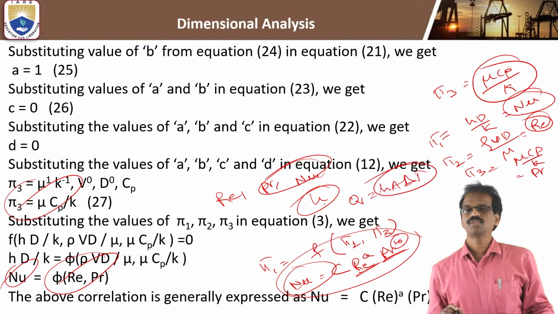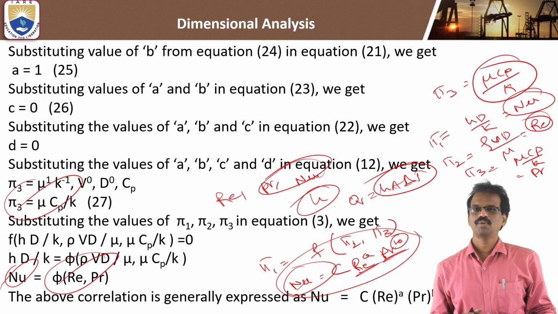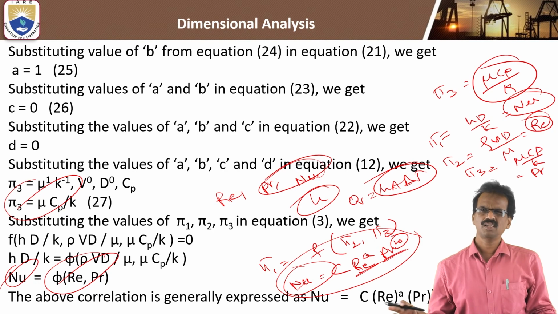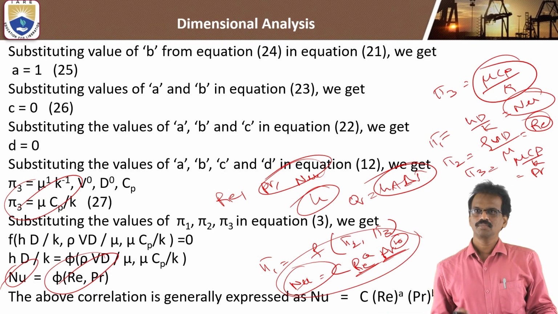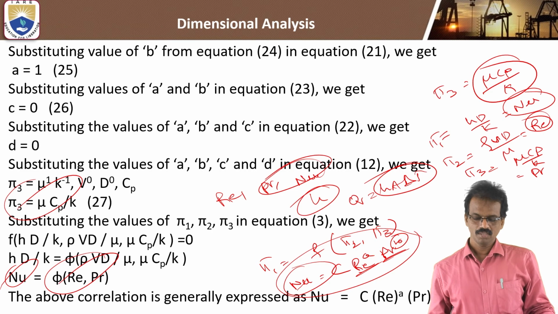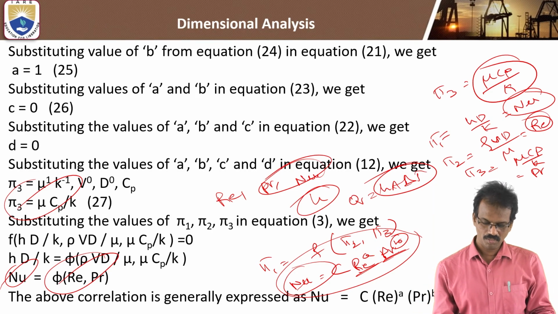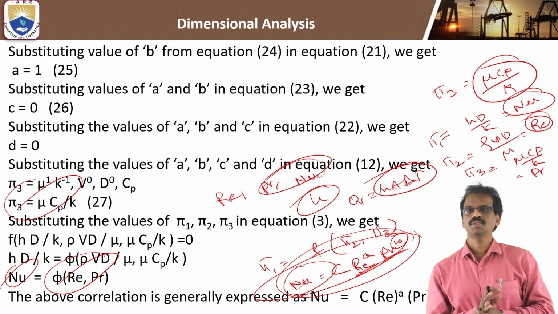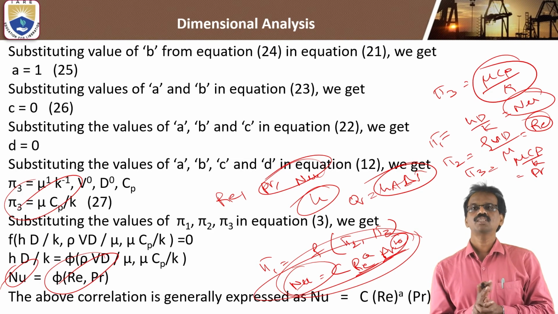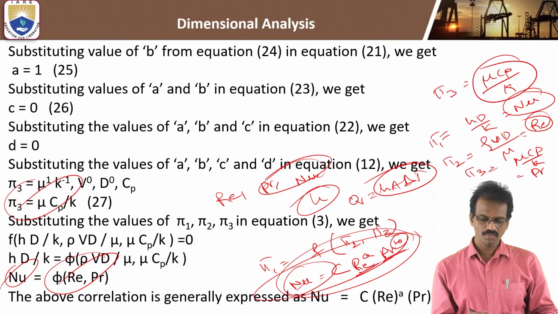So finding h in convection is very important. We cannot find h by considering all the parameters, which is very difficult. So we have to convert all the parameters into dimensionless numbers. By using these numbers, you can find out the h value.